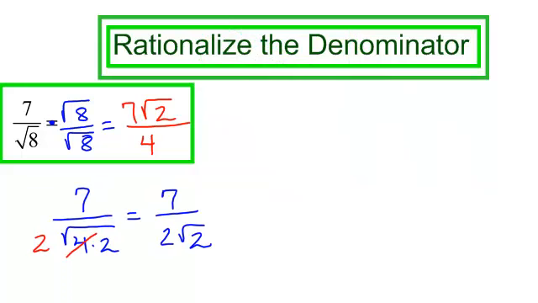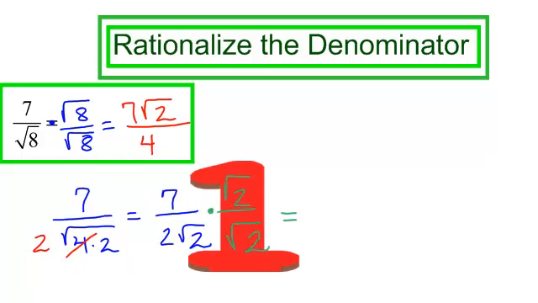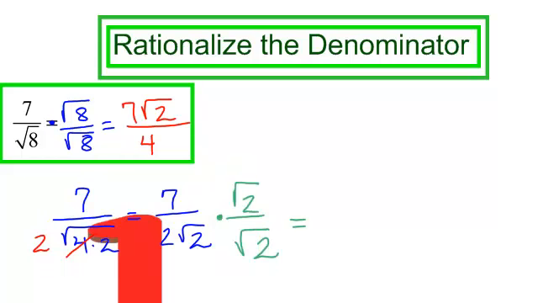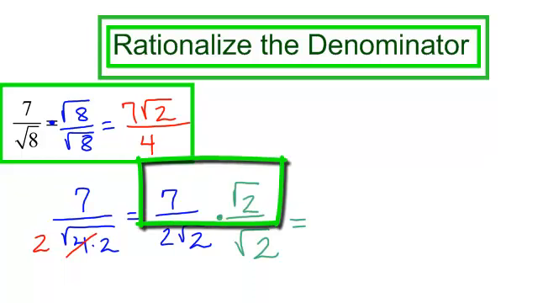Now, what am I going to multiply in order to get rid of this radical 2? You are correct. I'm going to multiply by radical 2 over radical 2. Once again, I know I've said this a million times now, but radical 2 over radical 2 is just 1. So I'm not changing the problem. In the numerator, I have 7 times radical 2, which will be 7 radical 2.